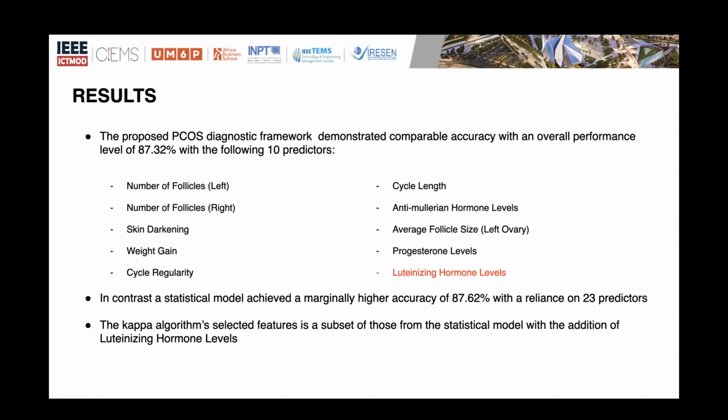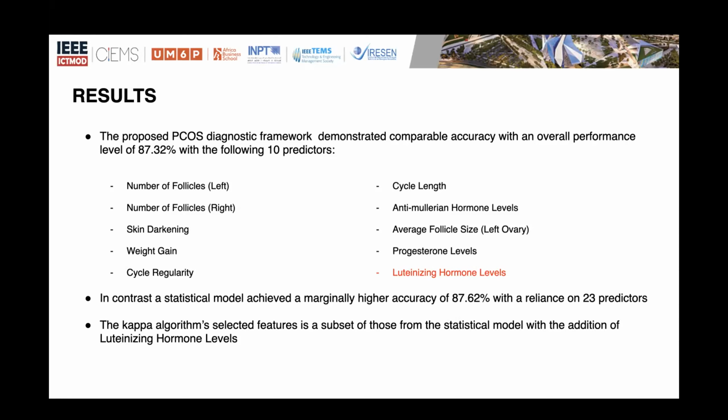In contrast, when applied to the same data, a statistical model, I think the model I used then was a random forest model, achieved a marginally higher accuracy of approximately 88%, with a reliance on more than double the number of predictors of the kappa model. I think it was like 23 predictors.